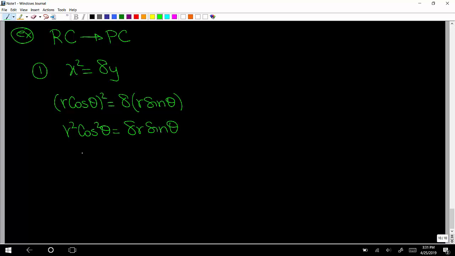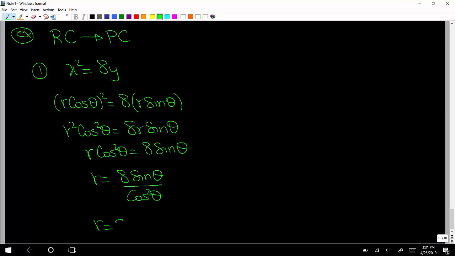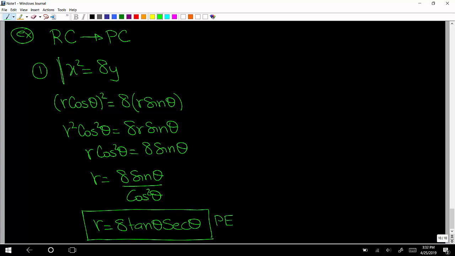We'll divide both sides by r, so we get r cosine squared theta is equal to 8 sine theta, and divide by cosine squared, so you get r equals 8 sine theta over cosine squared theta. Now this is a fairly good representation, but I can write it a little bit nicer: 8 tangent theta secant theta. So this polar equation is the same as this rectangular equation.